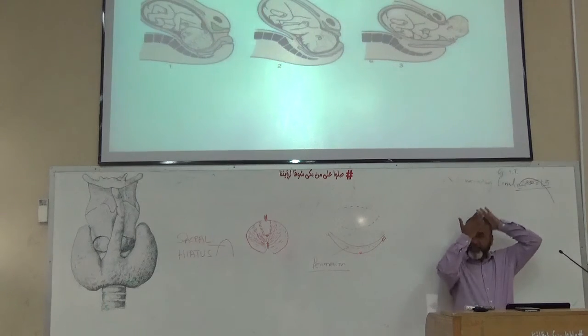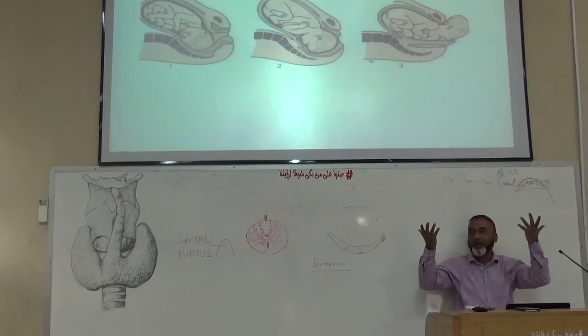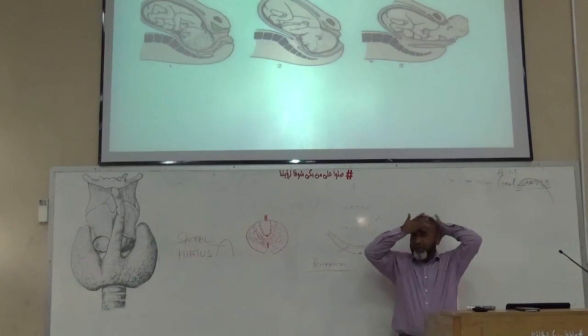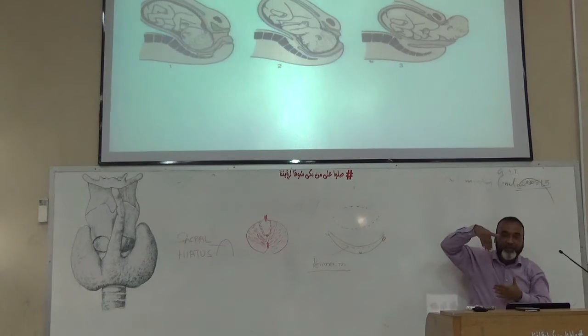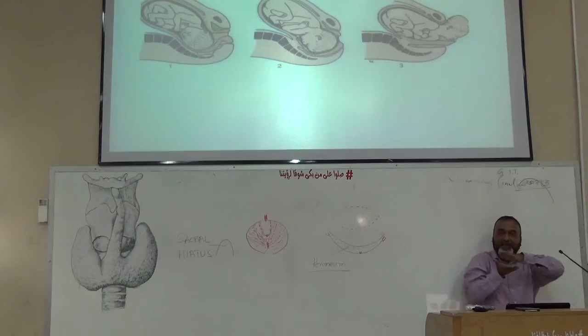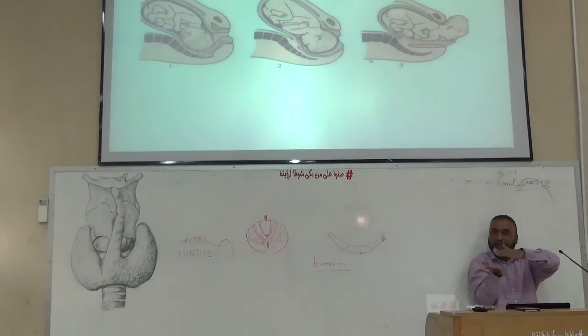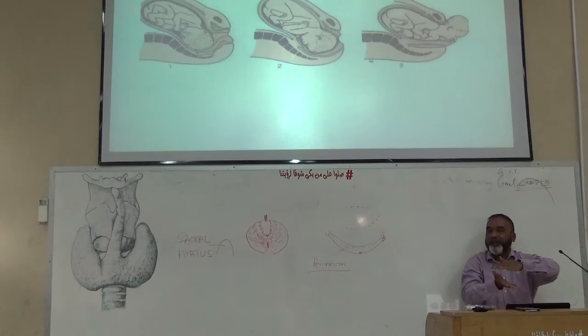Why? Its anterior-posterior diameter is more as compared to the transverse diameter. Our pelvis also has more anterior-posterior diameter as compared to the transverse diameter. So when the baby enters into the pelvic inlet, it has its face towards the right or towards the left side, so that its anterior-posterior diameter lies along the transverse diameter.